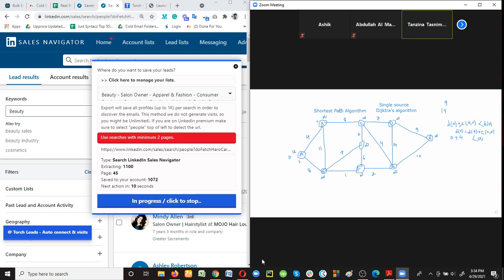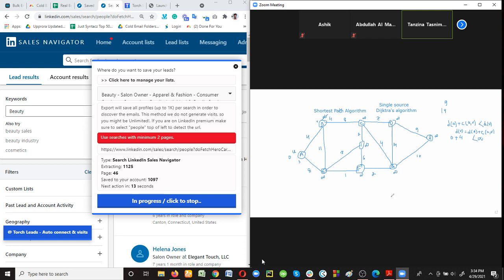What is the rule? D of U, that is the distance of U, plus the cost of U and V. Is it less than the distance of V? Yes, it's true. So if it's true, then you can change the distance of this destination node. How can you change it? The equation will be D of V, that is the distance of V, equals D of U plus C of U and V. So here the distance of U is 0 and the cost of U and V is 4. So now the new value, the distance of B, will be 4.